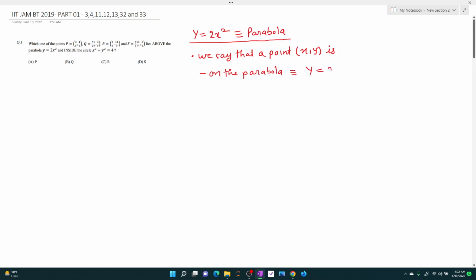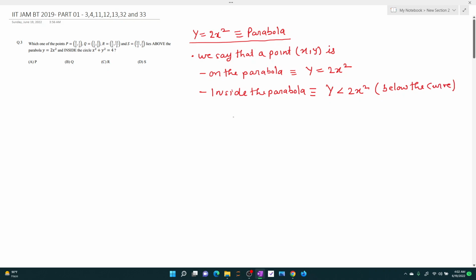If y equals 2x square. Instead of saying inside, I want to use the term below the curve, right? So the point is said to be below the curve if y is less than 2x square.